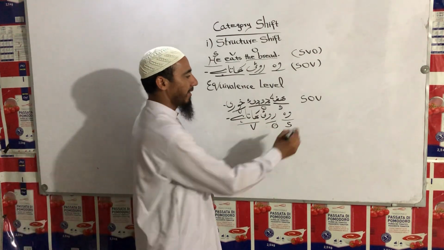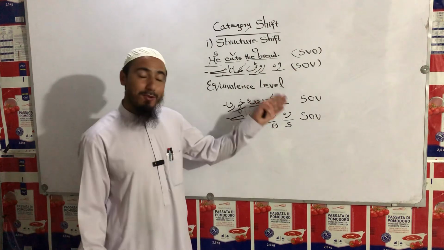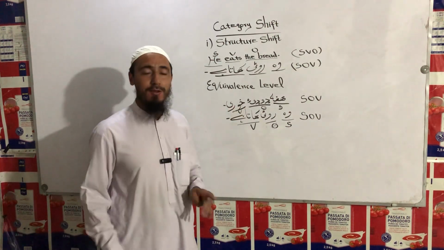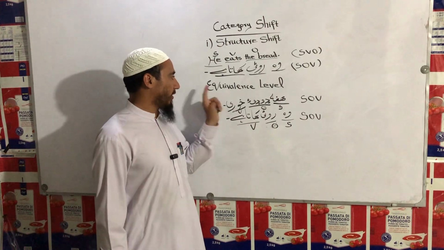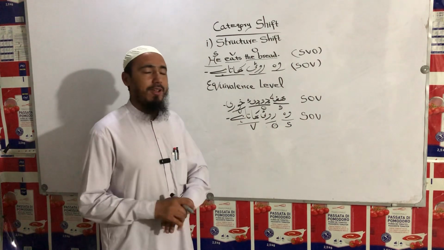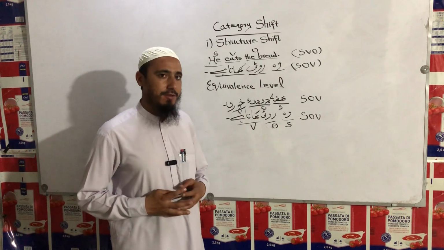Again, you see, the structure is SOV. So both languages, Pashto and Urdu, have the same structure. So that's why we call it equivalence level.